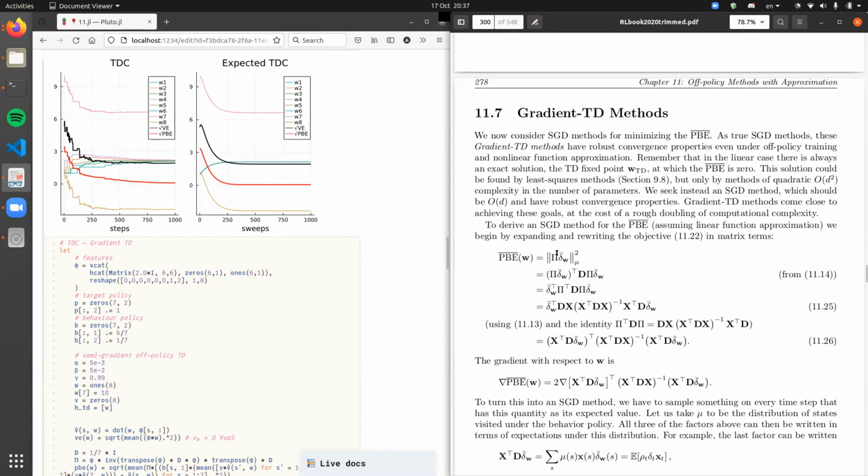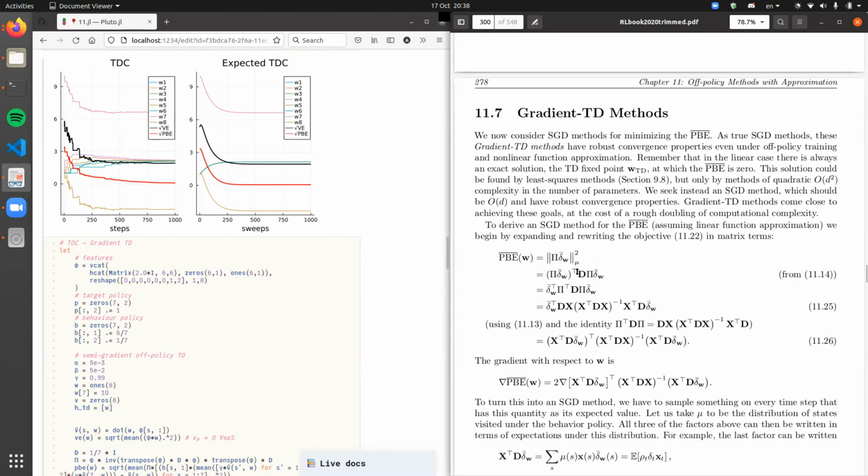Again, the projected Bellman error is the expected delta sub W multiplied by this projection matrix, which depends on the feature vectors, so how we represent our states, and the state distribution mu.